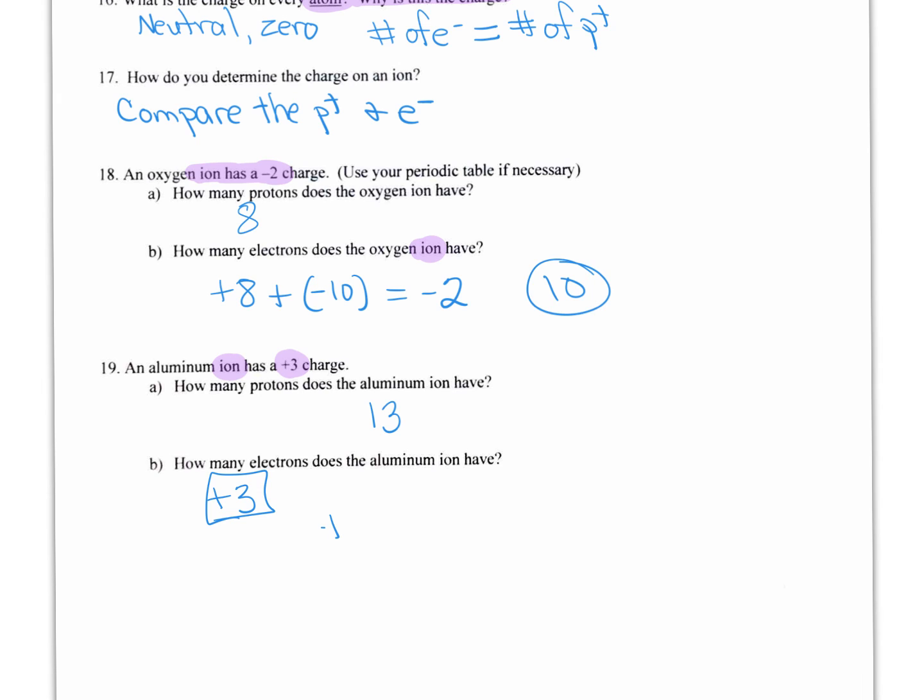We're going to take +13, and we're just going to keep it with an addition. And then our electrons will be a negative number, and this is going to equal a +3. So 13 plus what is 3? Well, we have to subtract a certain amount of electrons, so that would be 10. And that's going to give us this +3. So how many electrons does an aluminum ion have? It has 10 electrons.